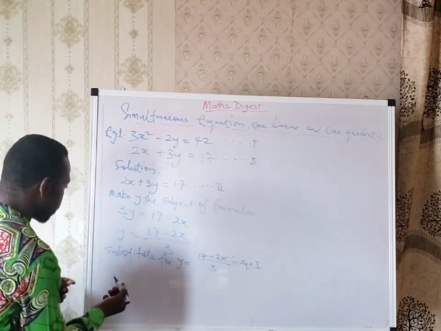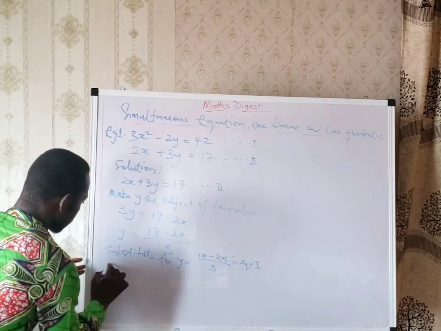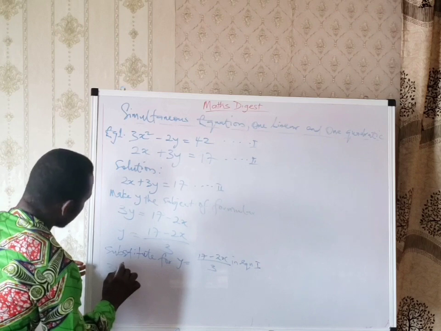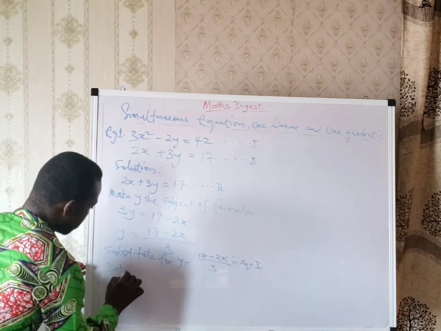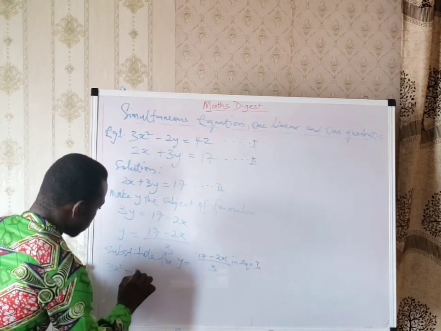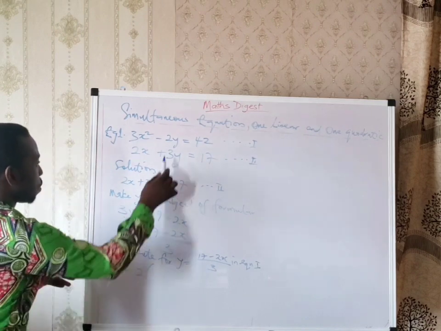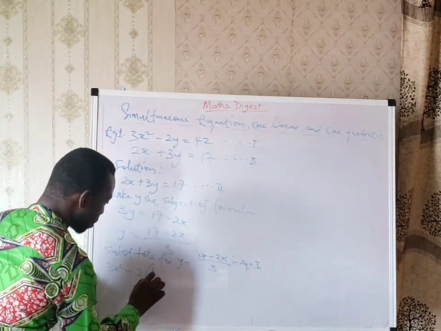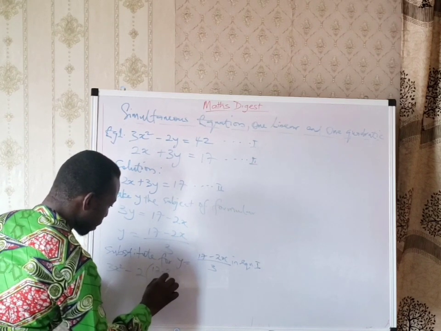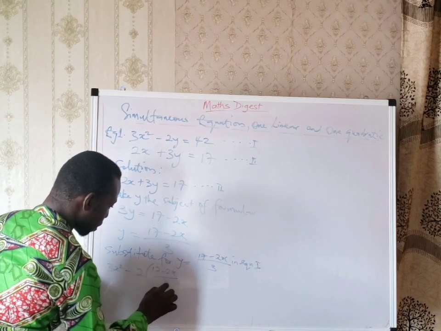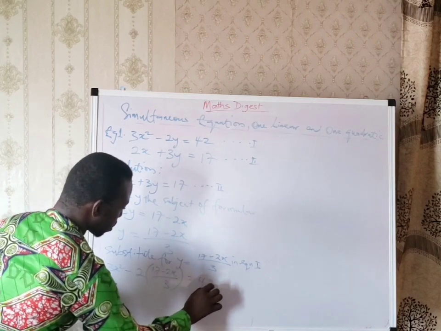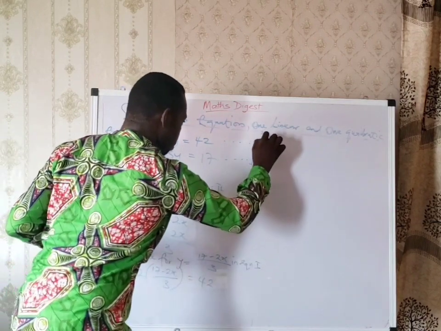With this we have 3x squared minus 2 in brackets. We will replace this y now with this, we have 17 minus 2x over 3, equal to 42. Let's go to this side of the board.